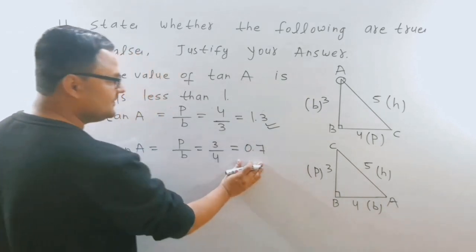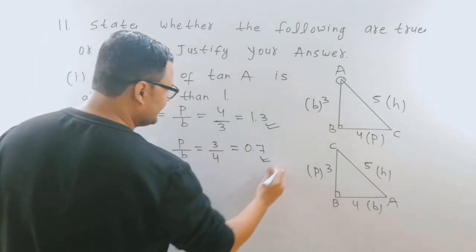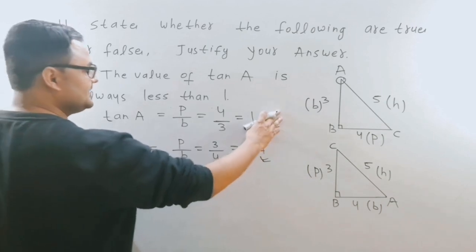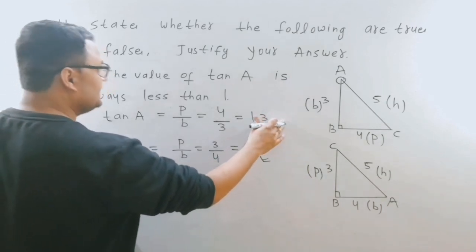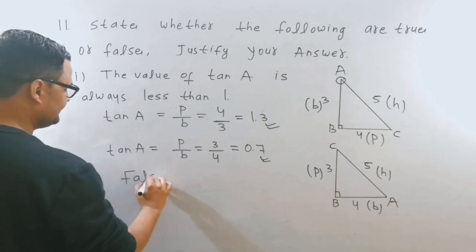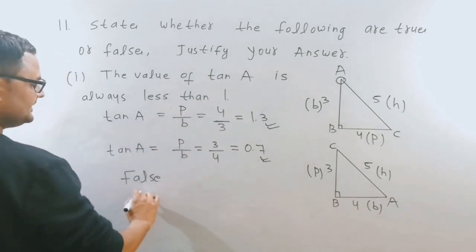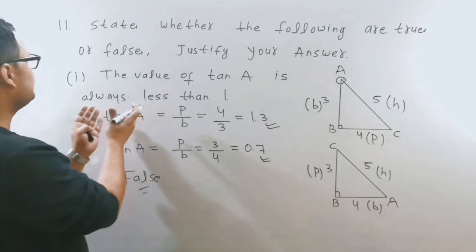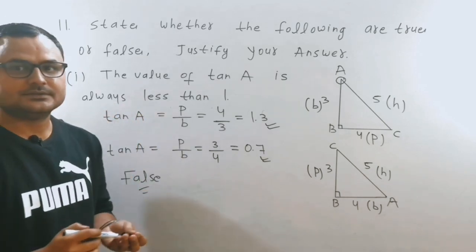It will come between 0.7 and 0.8. So in the second diagram the value is less than 1, in the first diagram the value is more than 1, so the first one is false, and you have the reason why this is not possible. This was the 11th's first one.